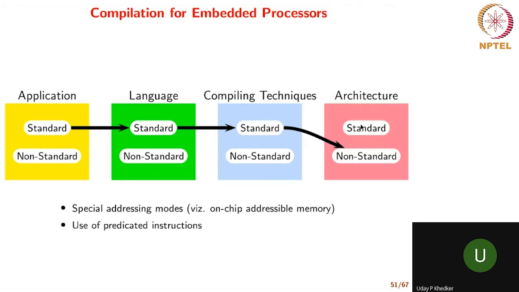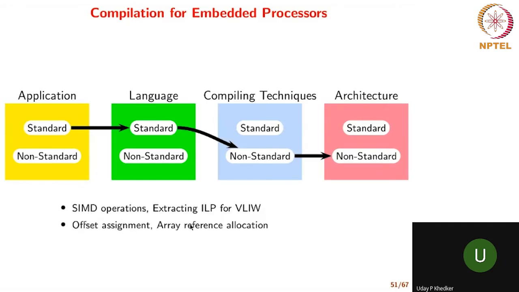For example, you might have the same application, but you might compile it for non-standard architecture features. For example, you might want to make use of spatial addressing modes. You may have on-chip addressable memory, or you may want to use predicated instructions instead of doing explicit checks, the condition checks that exist in the code.